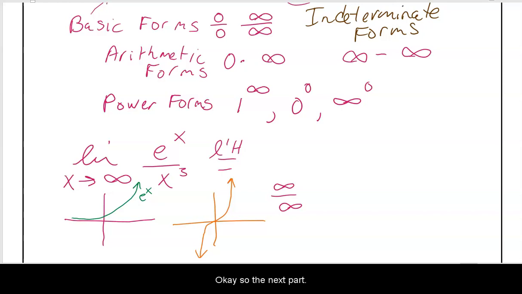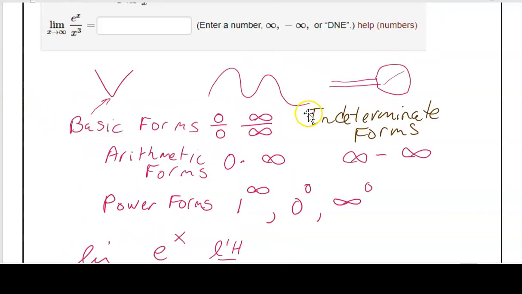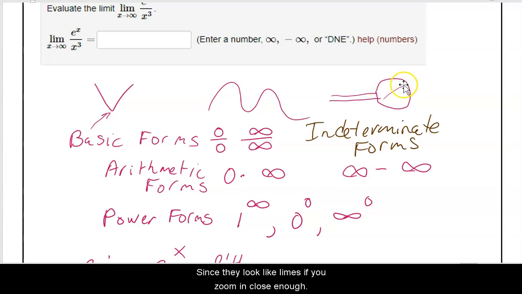Okay, so the next part would be to actually apply it. L'Hopital's rule says, since they look like lines if you zoom in close enough, then we can approximate the limit by approximating them with their tangent lines.